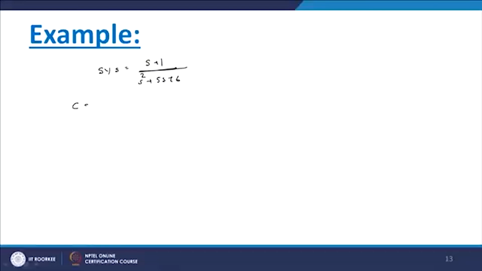Suppose SYS equals s plus 1 divided by s square plus 5s plus 6. Now, this system we have to represent in a diagonal form using MATLAB. So, the command which we can use is CSYS equals canon(SYS, 'modal').